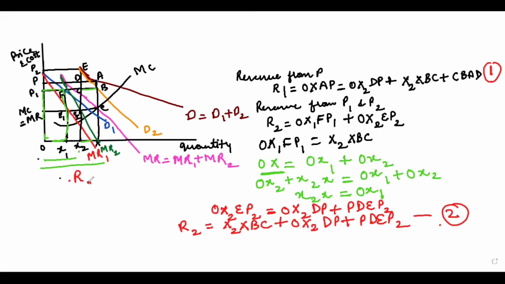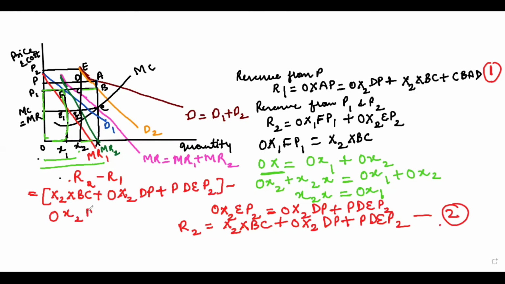If I subtract R1 from R2, we'll get X2XBC plus OX2DP plus PDEP2 minus OX2DP plus X2XBC plus CBAD.